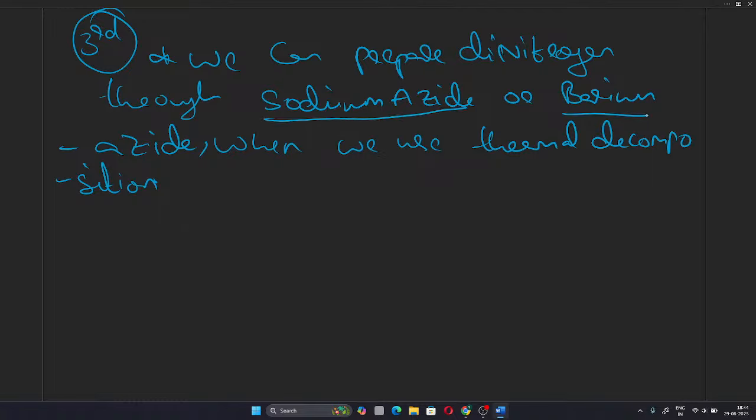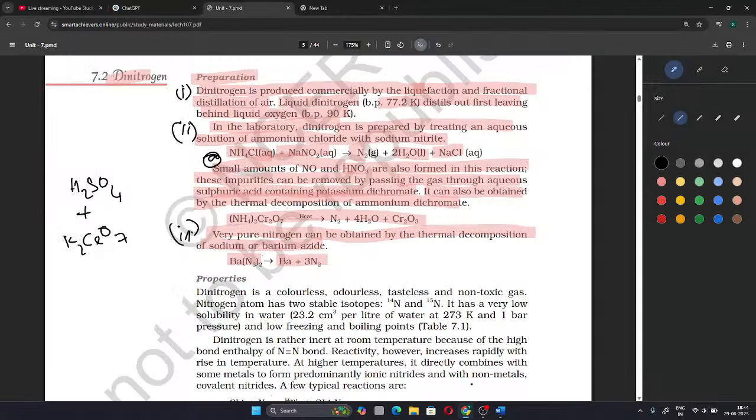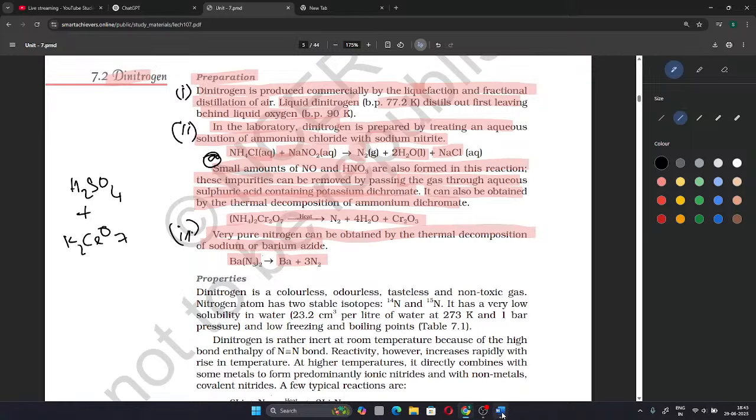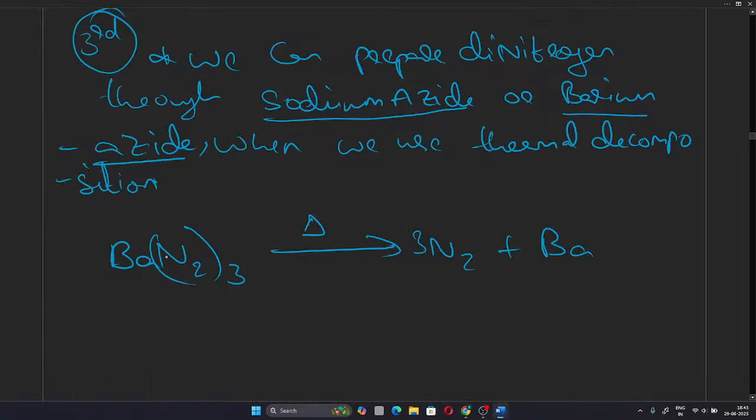Sodium azide or barium azide, this is barium azide. If we heat this, we will get very pure N2. The reaction is 3N2 plus barium. This is the reaction.